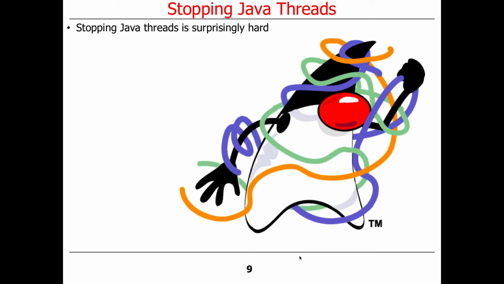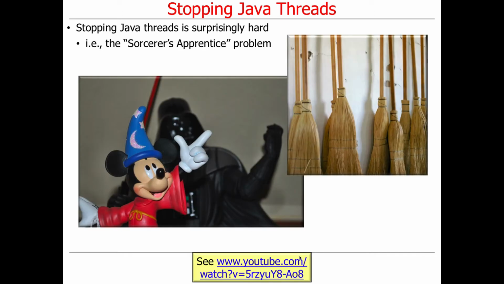Interestingly enough, stopping Java threads is surprisingly hard. I sometimes refer to this as the sorcerer's apprentice problem. Anybody here ever see the famous Disney movie Fantasia? There's a classic clip in there called The Sorcerer's Apprentice, which is about Mickey Mouse, who's basically the apprentice to the sorcerer. I relate him sort of to a grad student, maybe.